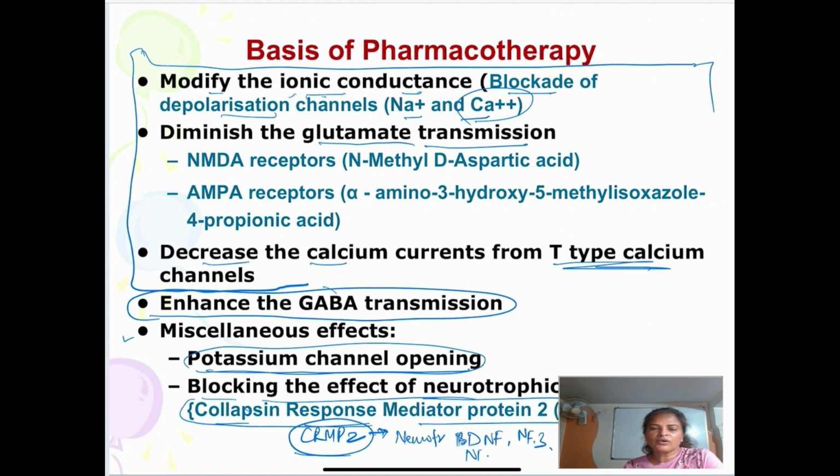It acts on these two. By acting on these two factors, they cause neuronal growth, dendritic growth and axonal growth. If any drug blocks this, then the neuronal growth will be hampered.